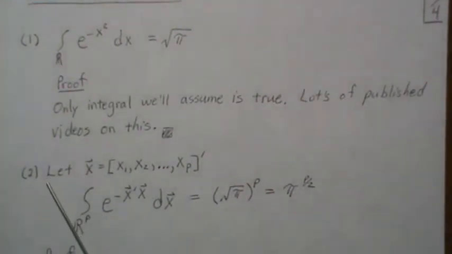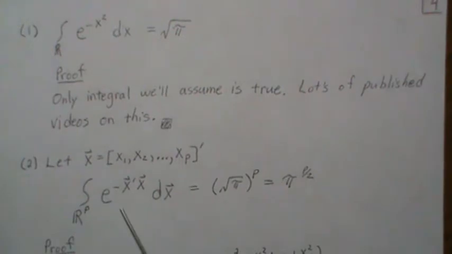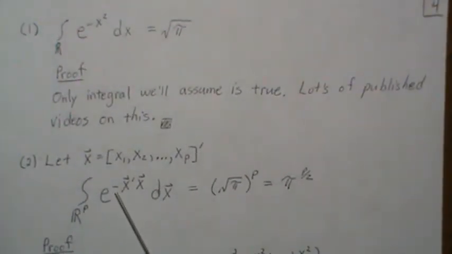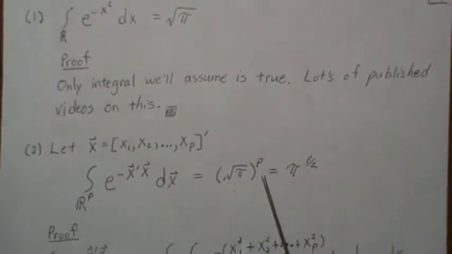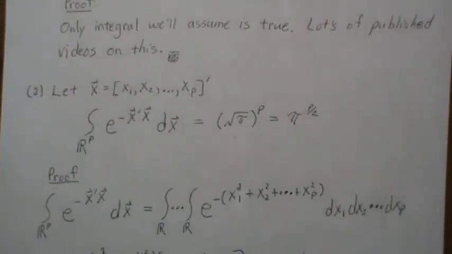Now the second identity, we're going to let x be a vector, and we're going to show that this integral of e to the minus this vector product is equal to the square root of pi raised to p. So let's start in.